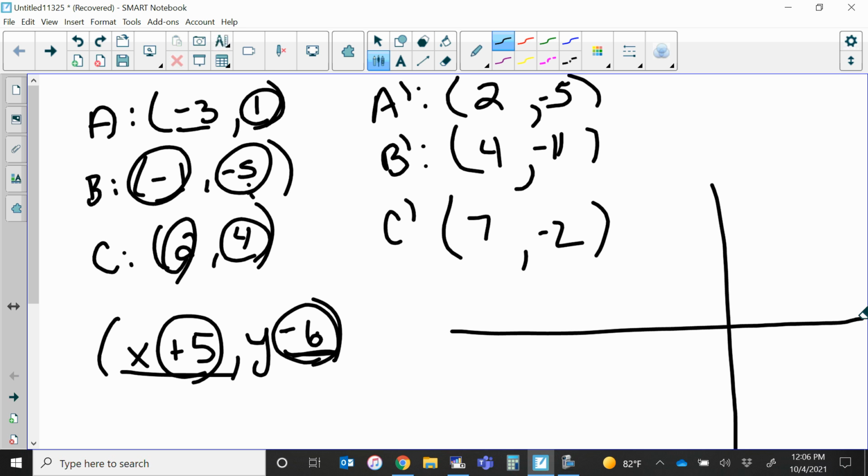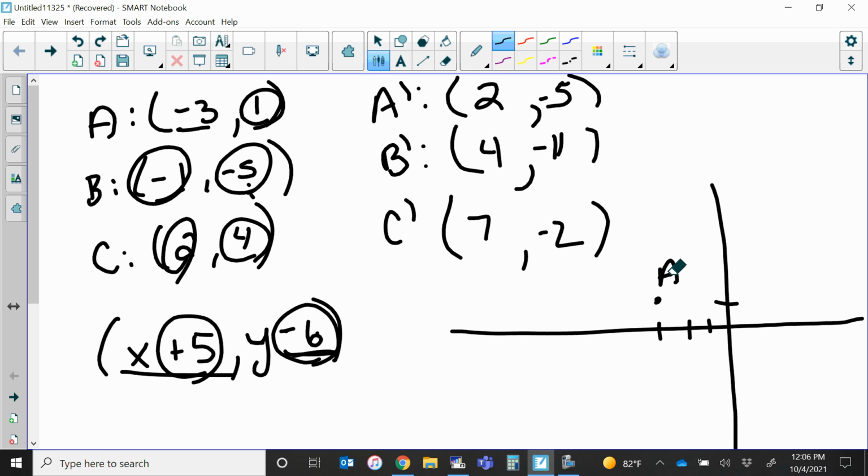So 1, 2, 3, positive 1. What do I call this when I put that dot? What do I need to put beside it? No, that's okay not to have the coordinates. What gives it its name? What point is that? So we're going to label it A.